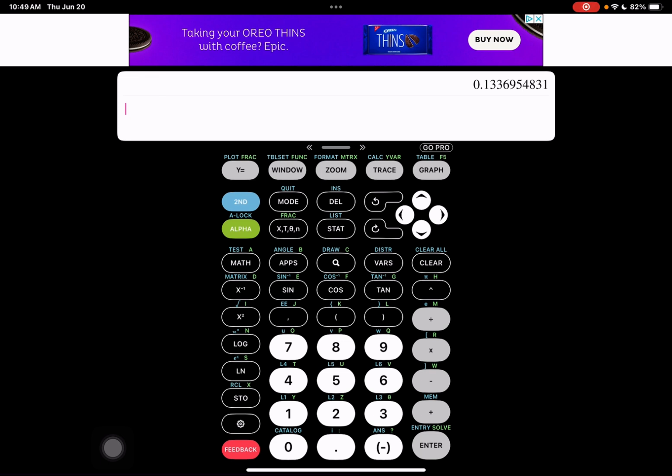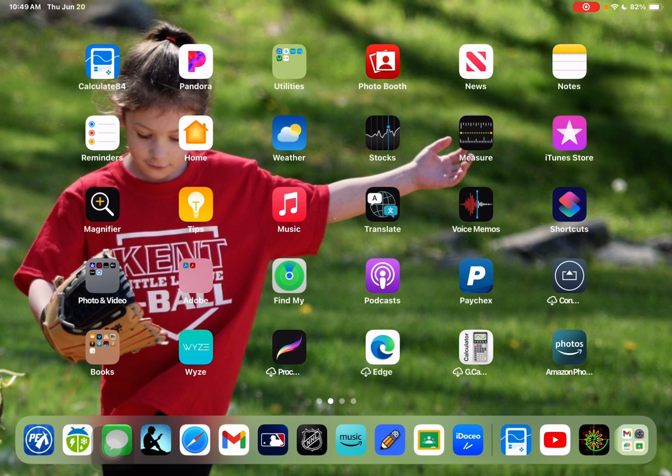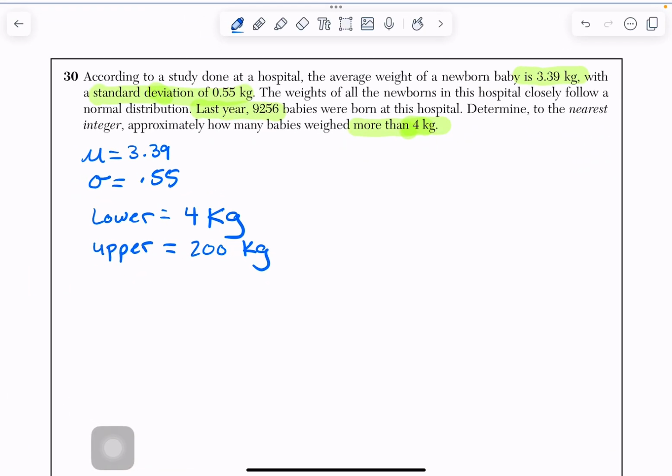So let's write that down. We're going to go back here and say the percentage is 0.13369. So that's the percent of the babies born above. And how many babies were there altogether? We have 9,256.